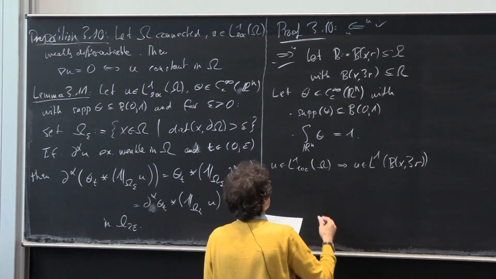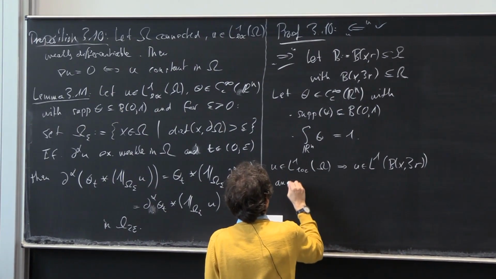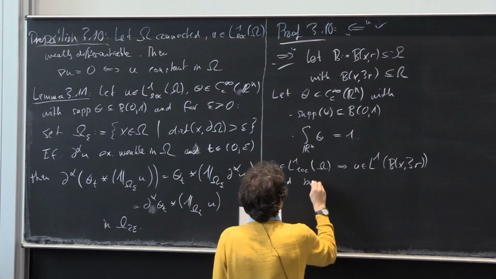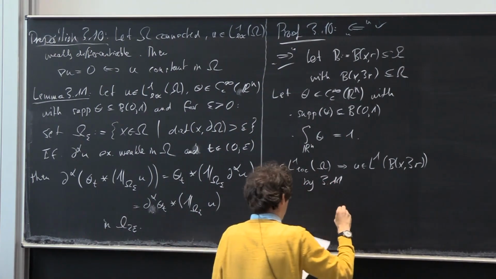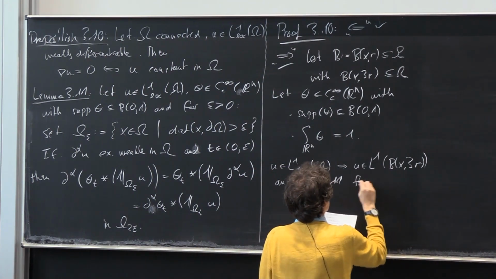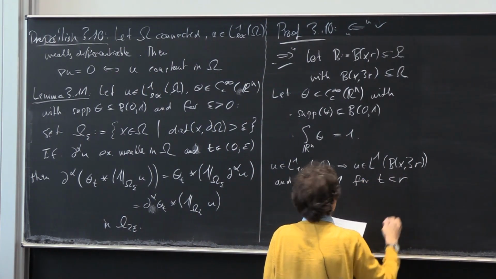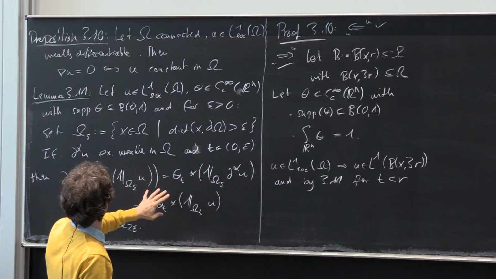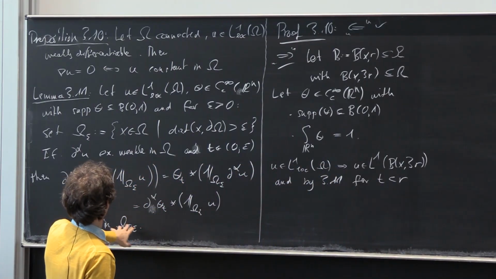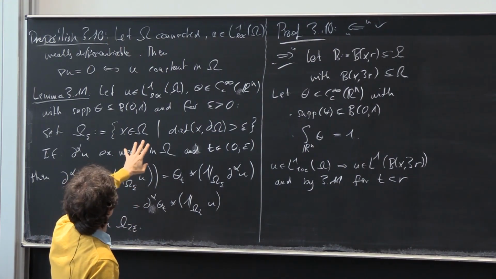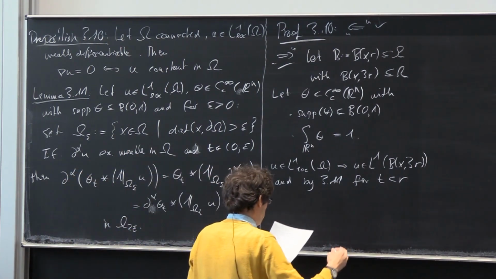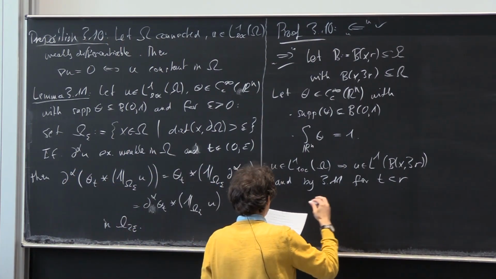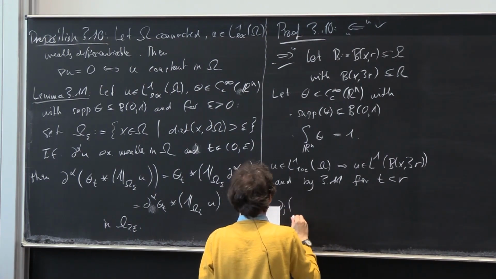And now you can use our lemma 311 here, at least for t less than r. So this means if t is less than r, then we know that we are inside omega epsilon, and everything is okay.